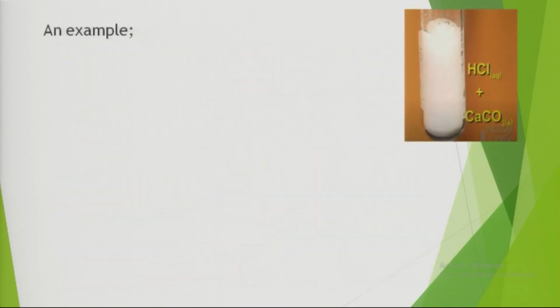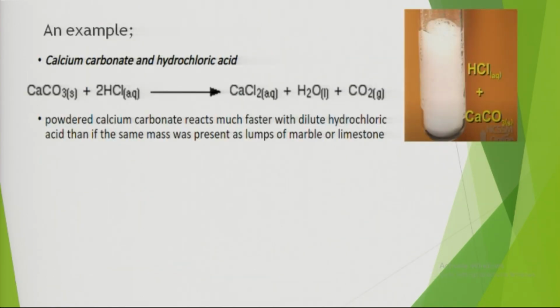Let's take a few examples in here. Calcium carbonate reacts with hydrochloric acid to form carbon dioxide and calcium chloride. It is actually a fast reaction. You see the illustration, the bubbling of carbon dioxide gas.